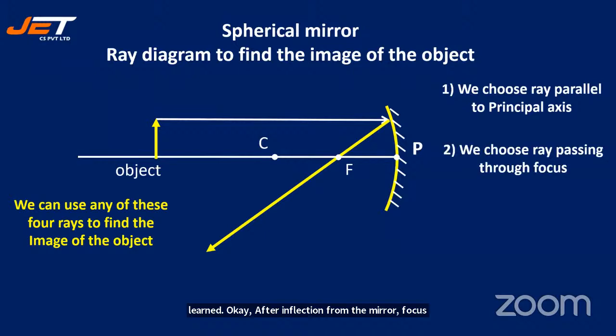ఇంకొక రే తీసుకుందాం ఇప్పుడు సెకండ్. We choose a ray passing through the focus like this. How will this behave after reflection? Quickly type in the chat box. ఎలా వస్తుంది ఇది రే? ప్రిన్సిపల్ యాక్సిస్ కి ప్యారల్ వస్తుందా? రీట్రేస్ అవుతుందా? సెంటర్ ఆఫ్ కర్వేచర్ నుంచి పాస్ అవుతుందా?